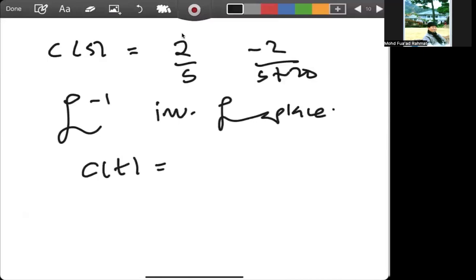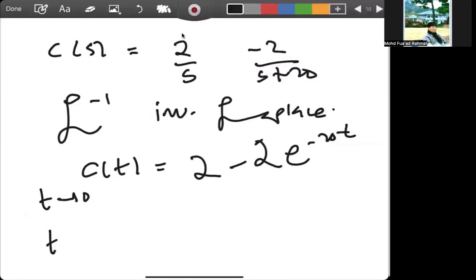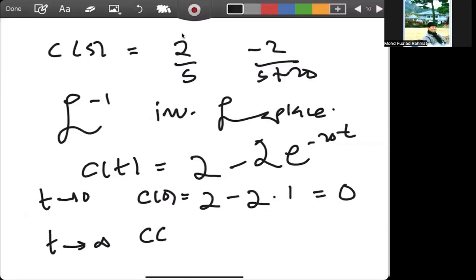So c(t) will become 2 minus 2 e to the power of minus 20t. So if you want to plot this, you have to use approximations. Okay, so when t is 0, c(0) is 2 minus 2 times 1, which is 0. c(infinity) is 2 minus 2 multiplied by 0, equal to 2.